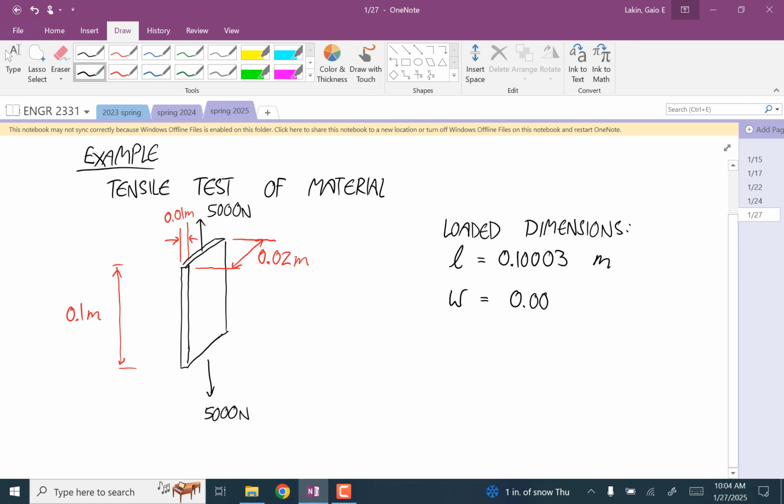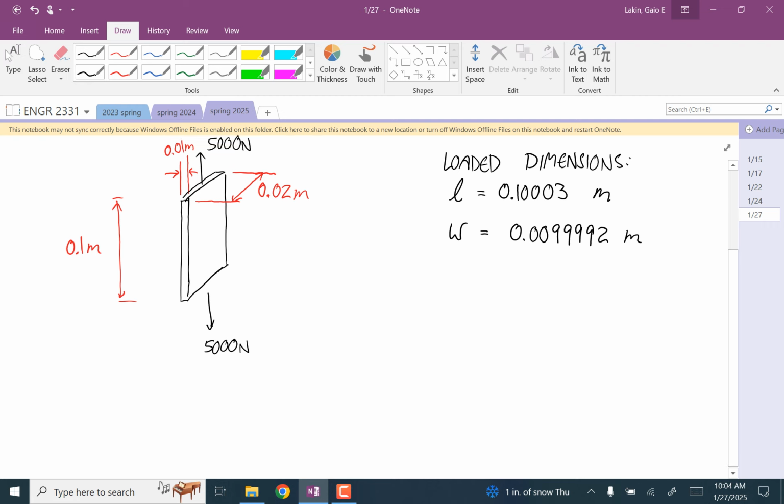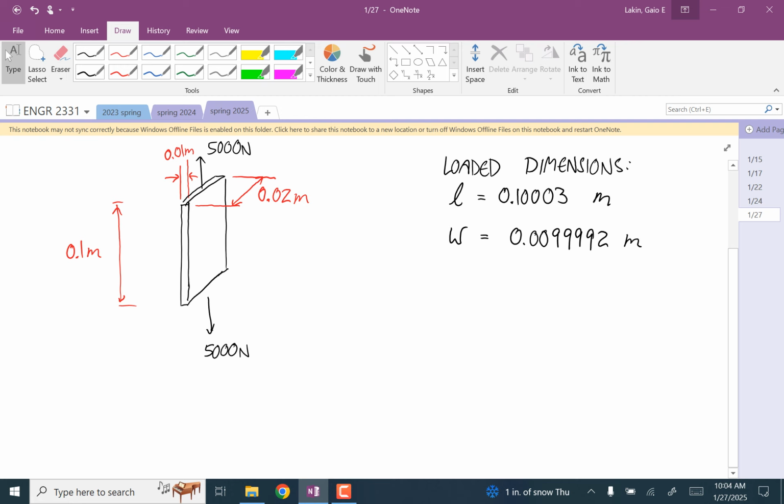It's the one that was initially 1 centimeter. But that one also gets smaller. 0.0099, there's 4 nines and then a 2. Okay, so that's our tensile test.